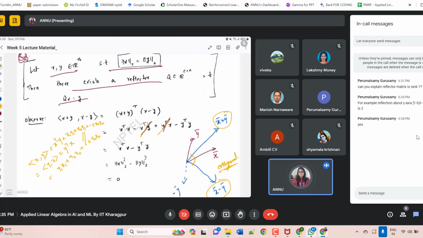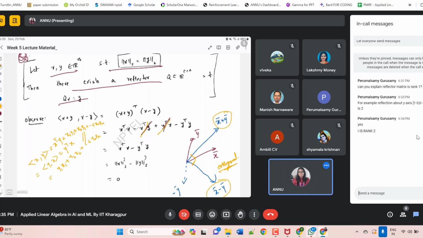That is rank 1 only, because U U transpose divided by mod of U square is rank 1. So you cannot subtract a different rank matrix. If a different rank is there, are you able to subtract it? I think no. Let's see with this example only, x plus y, x minus y. We will verify it.